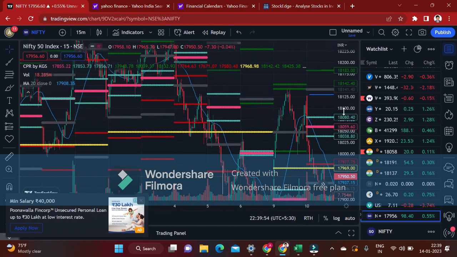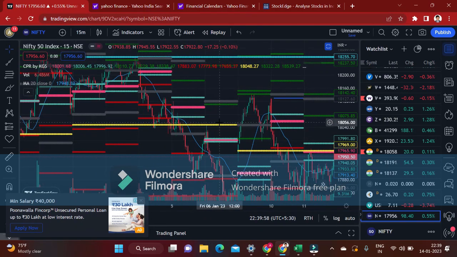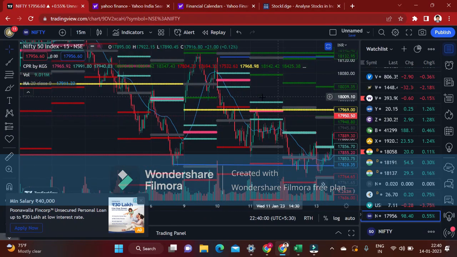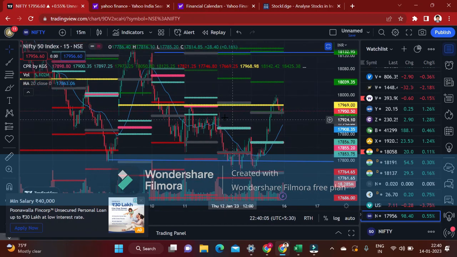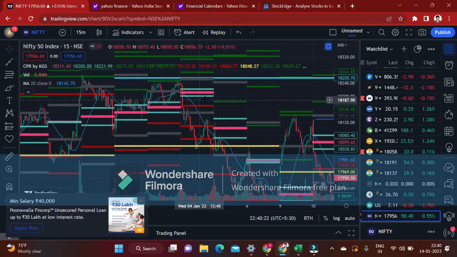But that is most of the time, not all days. If the CPR is very narrow, very small, the market can break it, so it can be trending. Here you can see a very small CPR, and it was a good trending day. Here also a small CPR, so it broke and was a very good trending market.